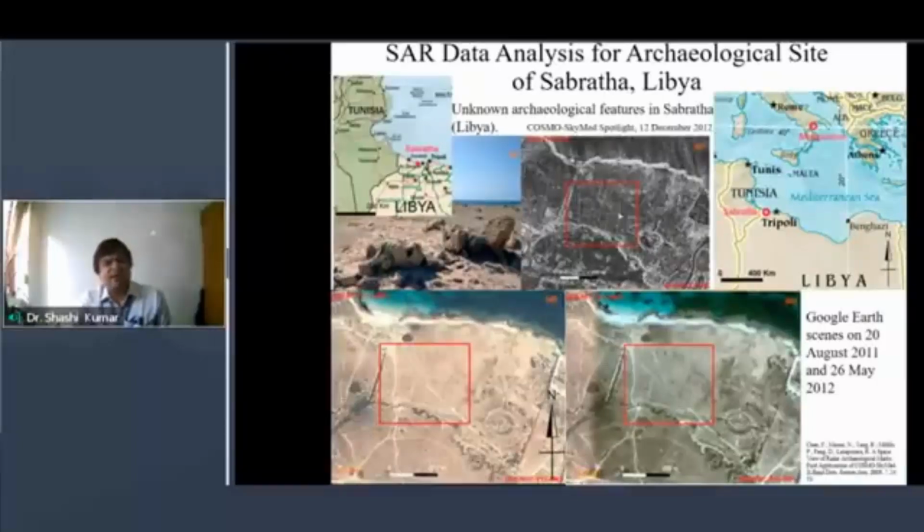And this has been verified with the field data set also. So very good information on the archaeological features was extracted with the help of the SAR data set, and the detailed information is available in this research article by Chen et al.